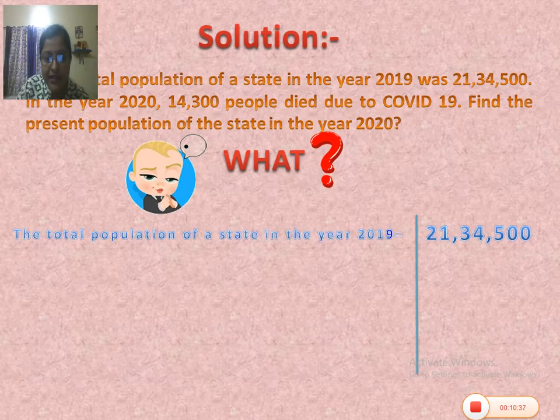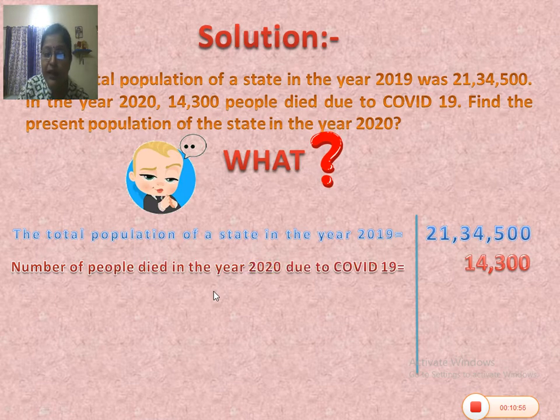It is showing us the total population of a state in the year 2019. Alright, then again we'll write the next number, 14,300. And what is this number showing us, children? It is showing us the number of people who died in the year 2020 due to COVID-19.